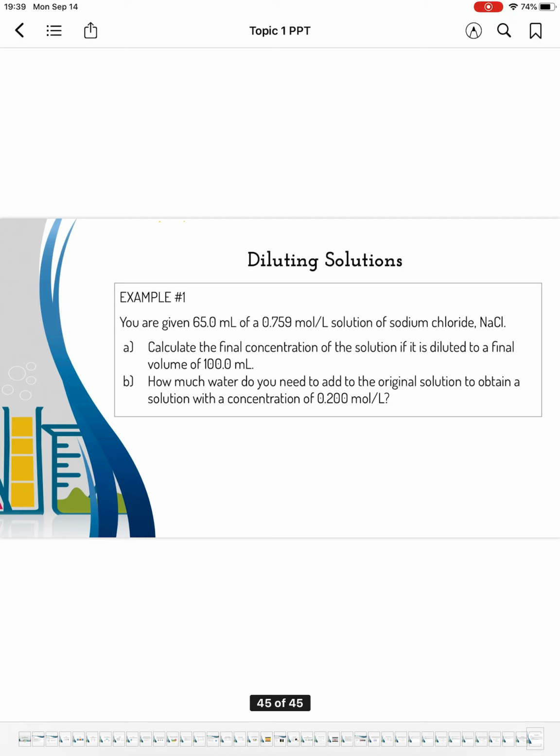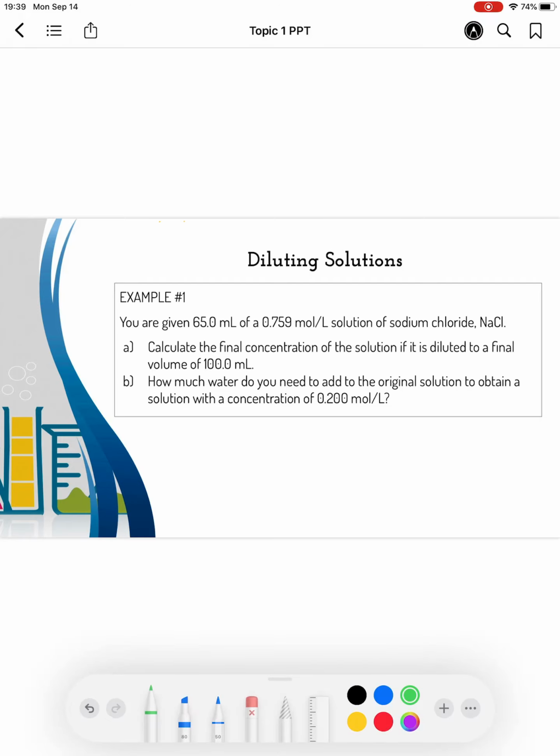So what we're going to do is work through this example in parts A and B. The example says you are given 65 milliliters of a 0.759 moles per liter solution of sodium chloride.